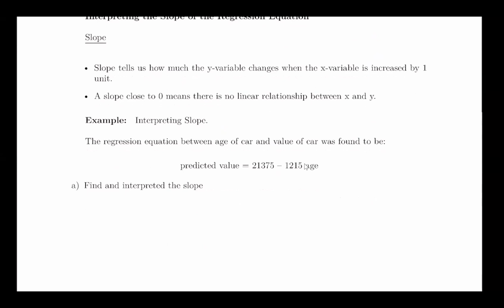For this example, we have the predicted value of a car and the age of a car in years. We have age, which is our x variable, and we have y, which is the value of the car.